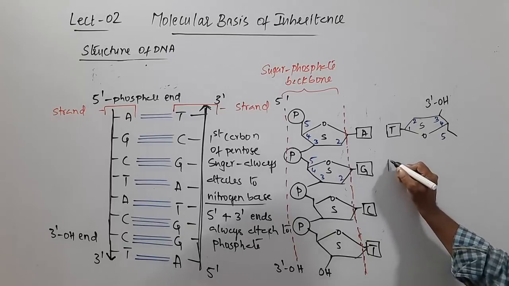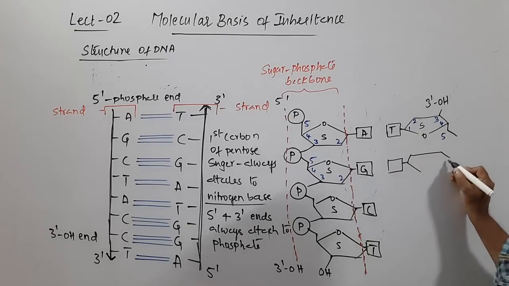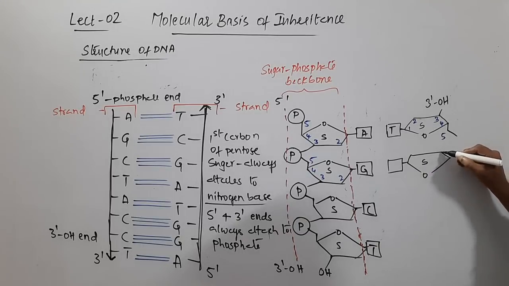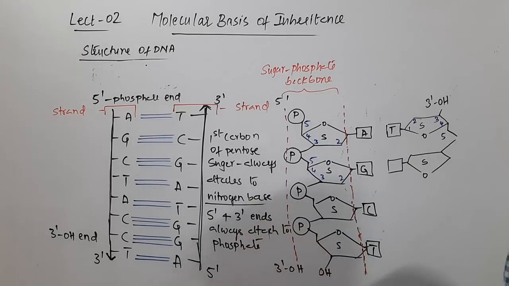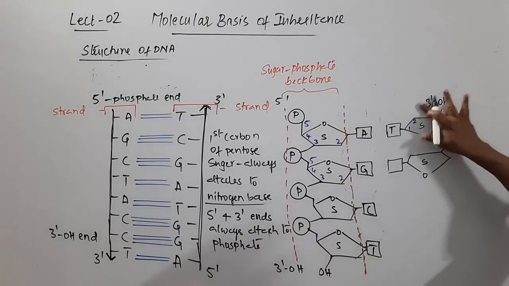Then let's see the next nucleotide. Again it is inverted. This is the pentose sugar, and I told you already that 5 dash and 3 dash ends are always attached to phosphate. So here we have phosphate.